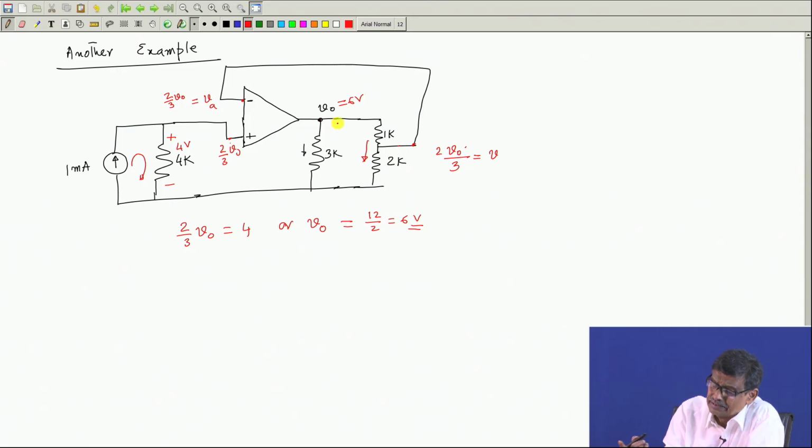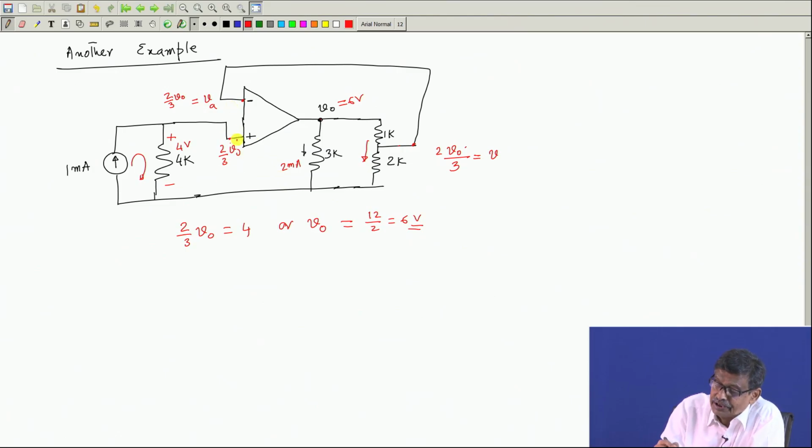Then whatever things you have been asked to calculate, you can calculate. What will be the current in this branch? Current in this branch will be 6 by 3, 2 milliampere will flow here, and so on. Therefore, you see, no matter how complex this circuit looks, you can always look for whether negative feedback exists and the op amp is ideal.